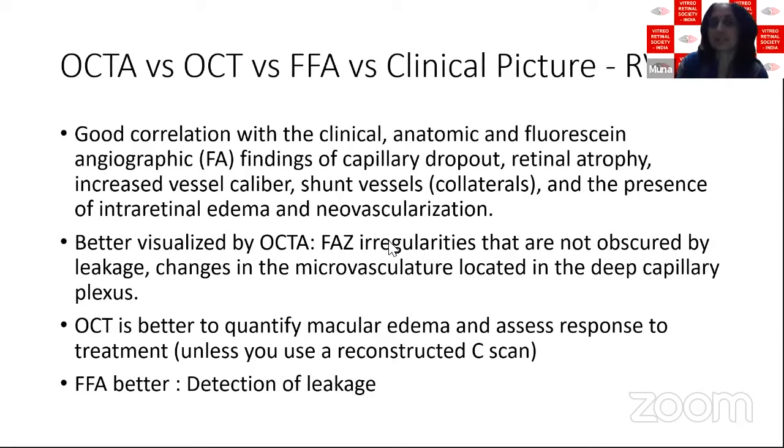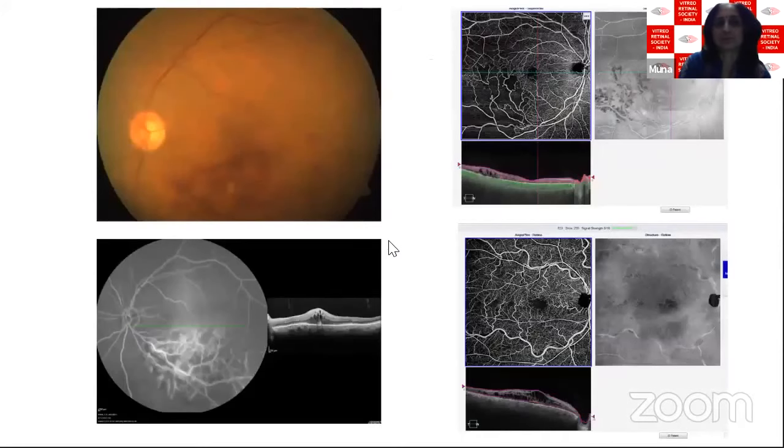Structures which are better visualized by OCTA are irregularities of the FAZ that are not obscured by leakage, and changes in the microvasculature that are located in the deep capillary plexus. Our ability to image the deep capillary plexus is one of the big advantages of OCTA versus fluorescein angiogram in these disorders. However, OCT is much better to quantify macular edema and assess response to treatment unless you use a reconstructed C scan. And of course, fluorescein angiogram is better to detect leakage, but you can work around this as I will show you as we go.